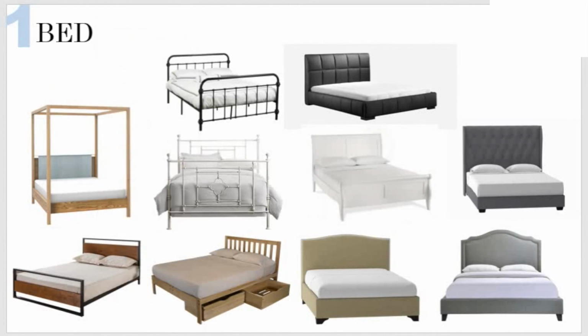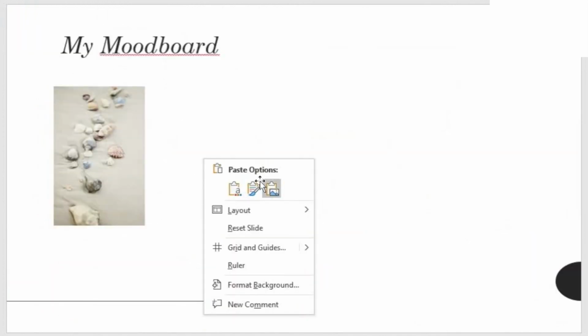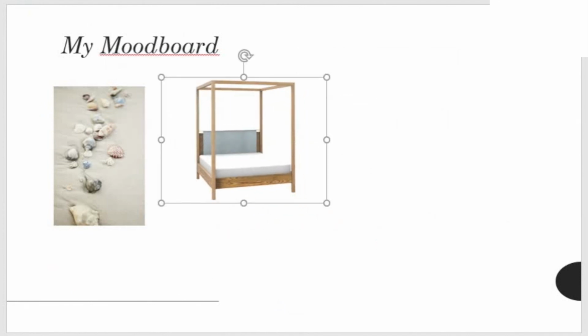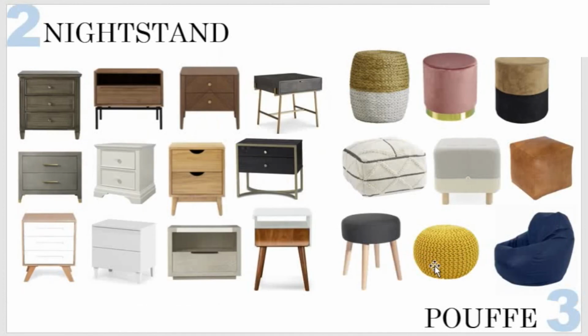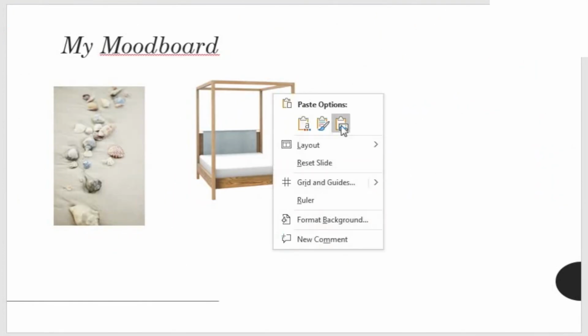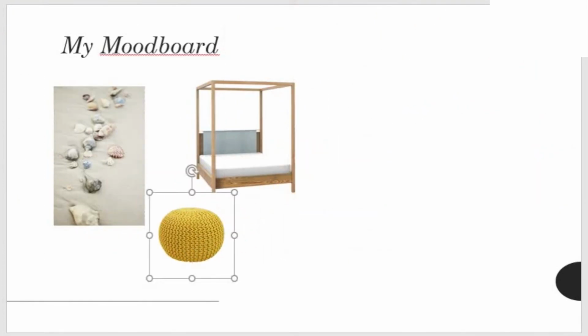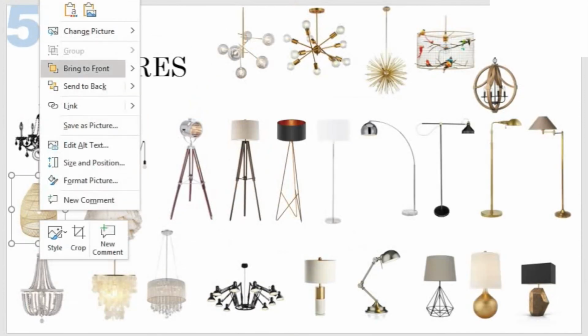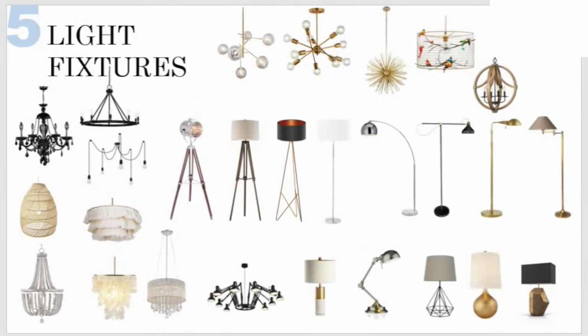Then I'll be selecting other pieces of furniture that I simply copy and paste onto my mood board, starting off with, of course, a bed, then maybe some smaller pieces of furniture like a puff or some light fixtures, this pendant lamp that is in a similar style.